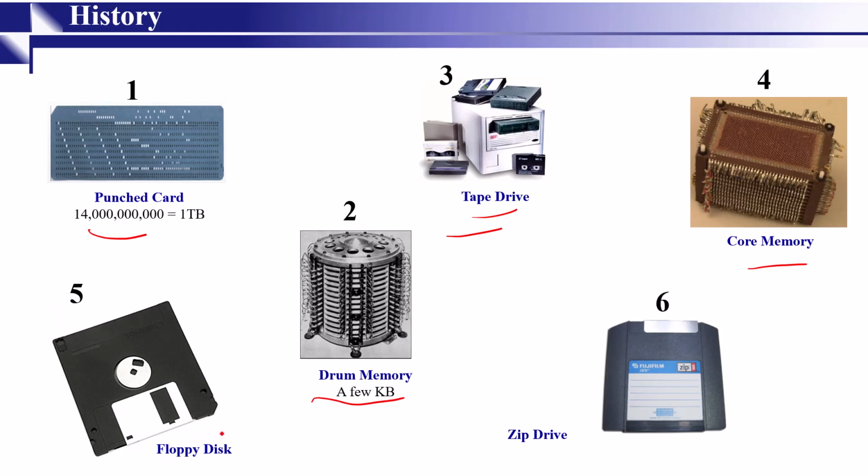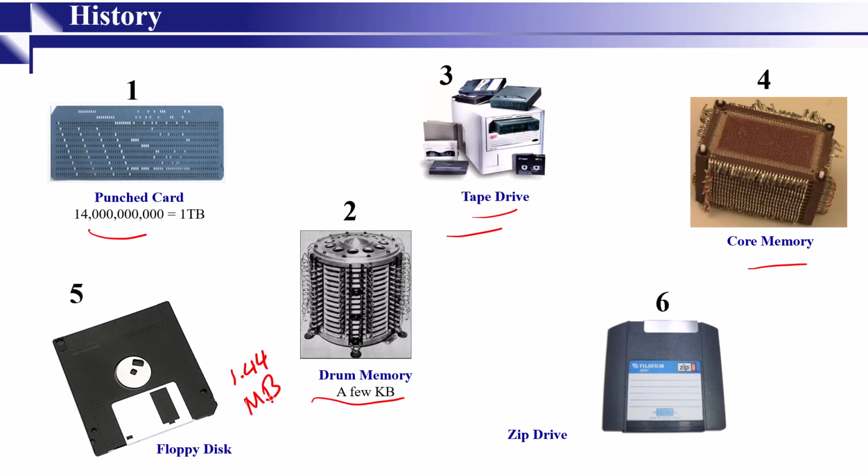Then we had the floppy disk. These were portable magnetic storage devices, used to store and transfer data before USB drives and cloud storage became popular, and the storage was about 1.44 megabytes.